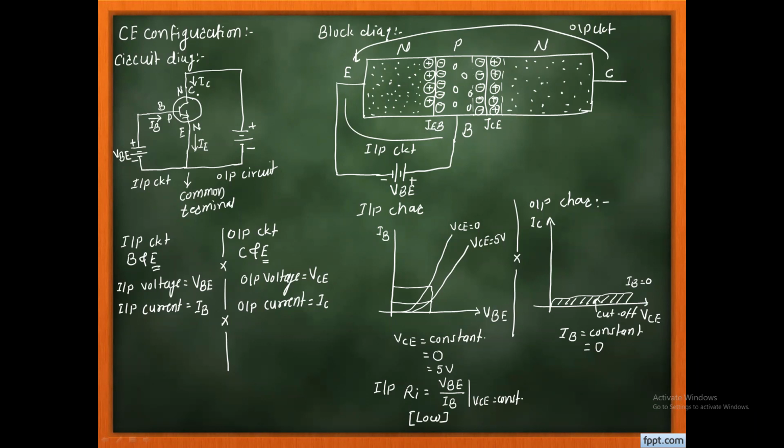The current flowing in the collector to base junction we call the collector leakage current, and in this case we call it ICEO.